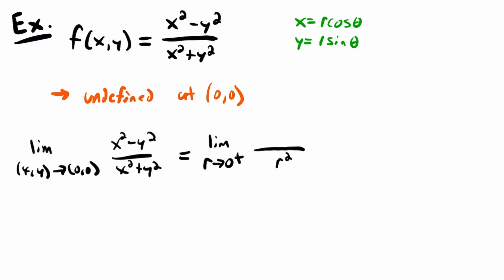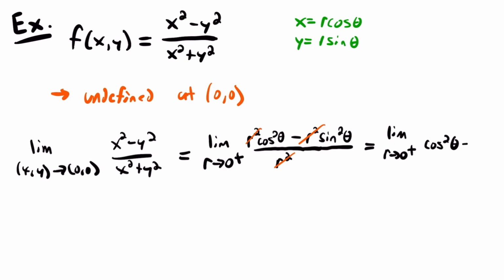All right, so plugging those in for x and y, you'd get r squared times cosine squared theta minus r squared times sine squared theta. All right, and then these two terms and the denominator have a common factor of r squared. So we could cancel that out here, and what you'd be left with is the limit as r approaches 0 from the right of cosine squared theta minus sine squared theta.